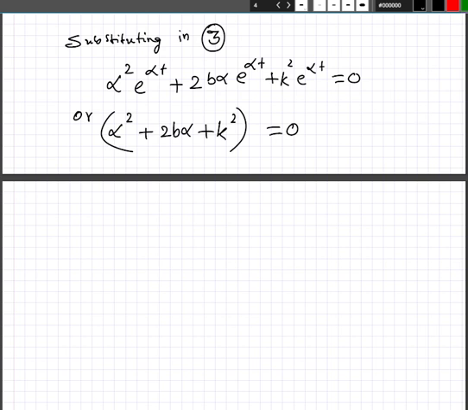So just divide it by e to the power alpha t on both sides, you get that.